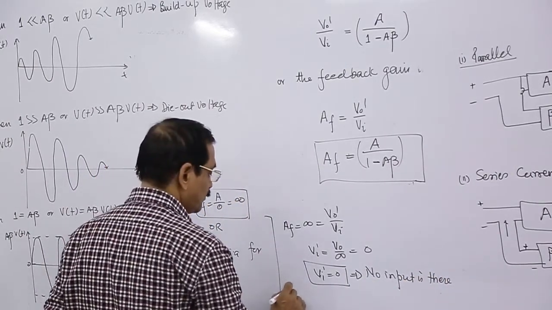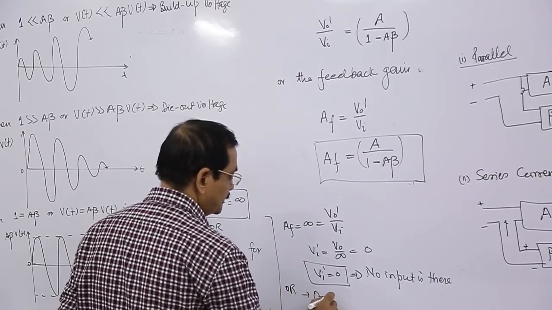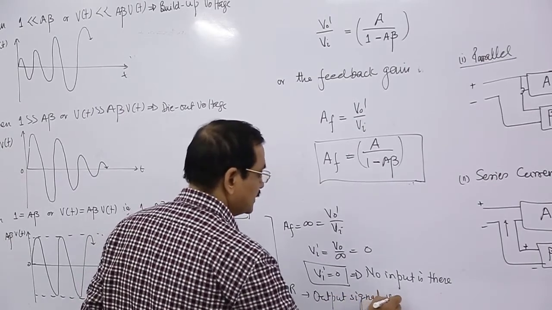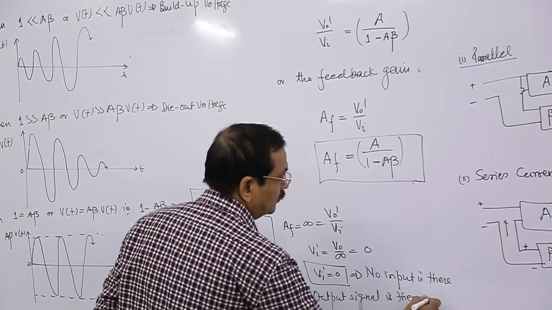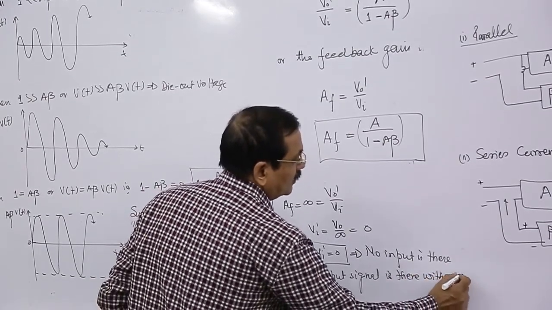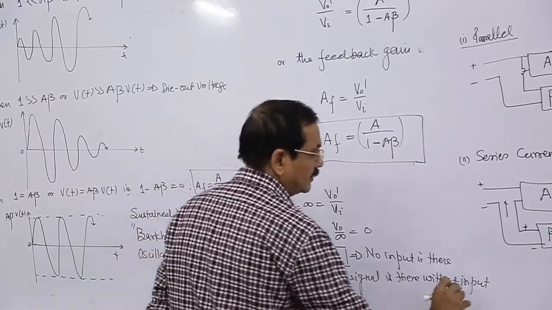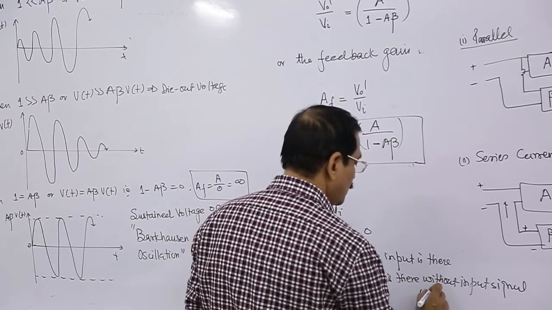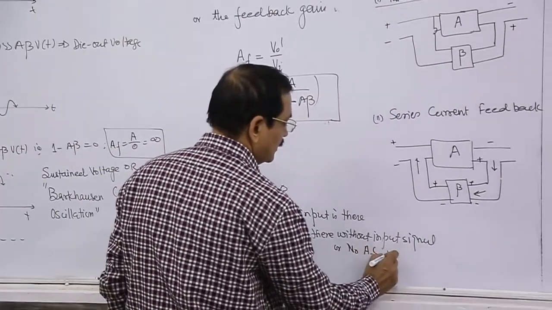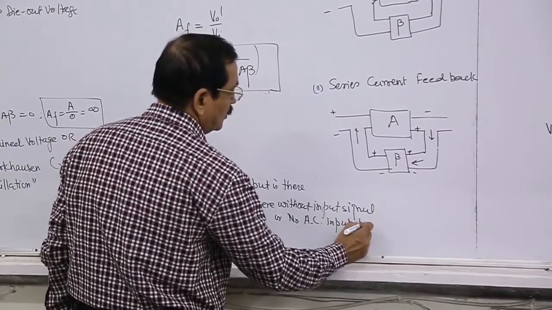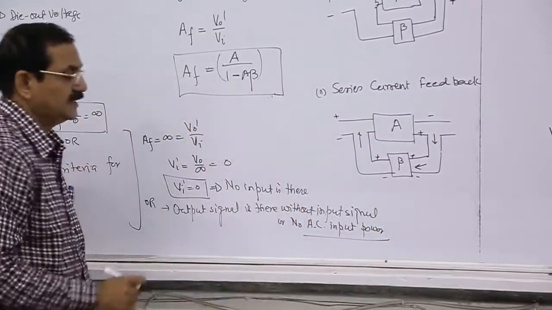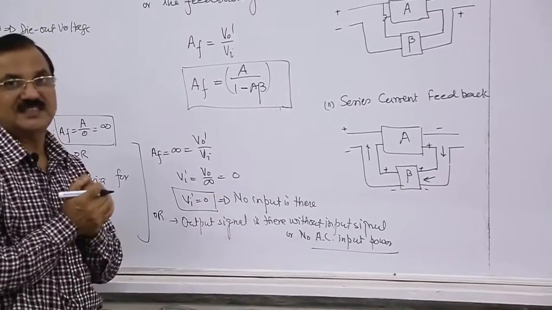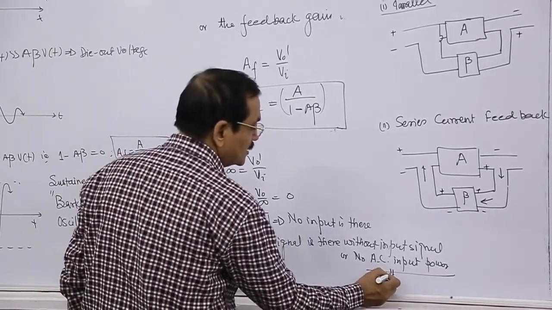Or we can say the output signal is there without input signal, or no AC input power. And this is basically an oscillator.